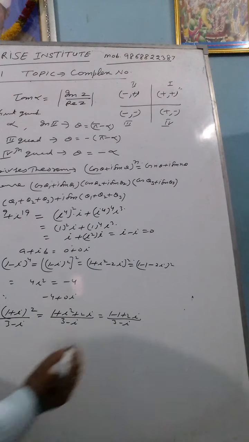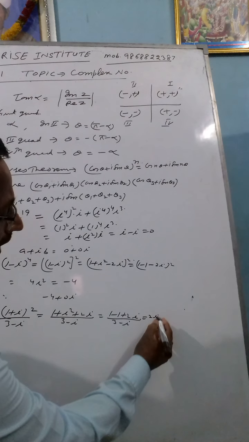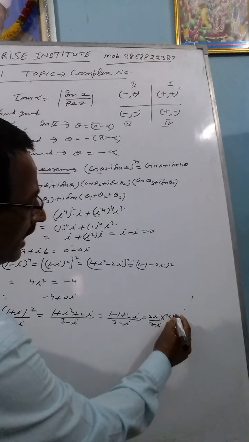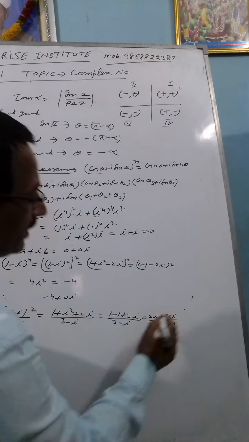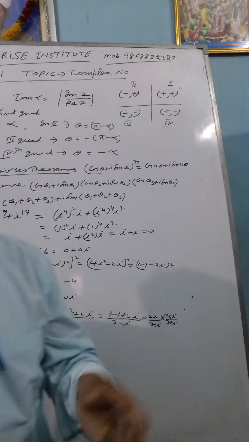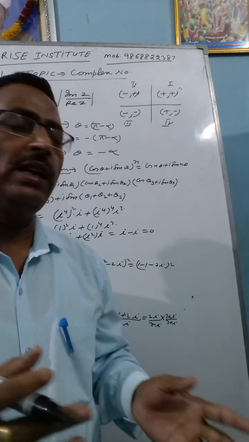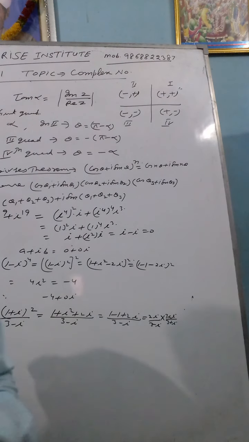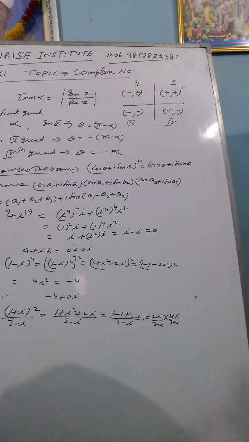Then we have 2 iota upon (3 minus iota) into (3 plus iota) upon (3 plus iota). Rationalizing: if we have imaginary parts in the denominator, then use rationalizing.